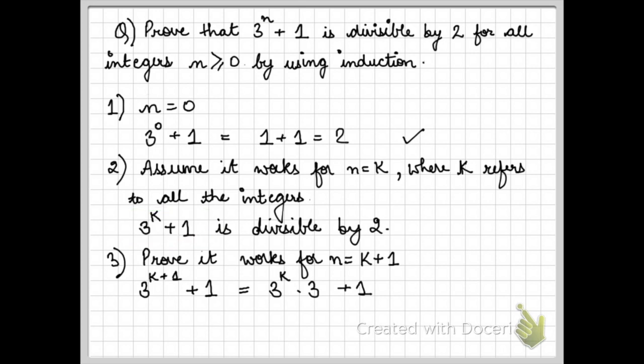So here I have 3 to the power of k plus 1. I am just going to use this equation and I am going to write it like that. So I had 3 to the power of k plus 1. We assumed that this is divisible by 2. That means if I divide this equation by 2, it should give me an integer.